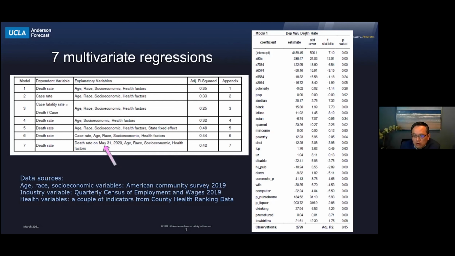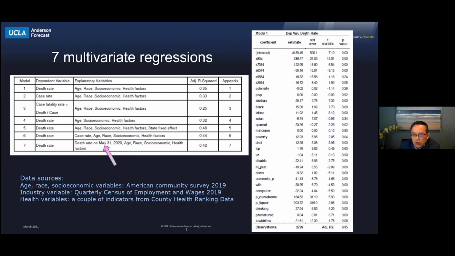So let's talk about our research methodology. We use so-called multivariate regressions to find the significant factors which are associated with COVID-19 mortality. We try 7 model settings. We analyze not only death rate, but also case rate and case fatality rate as the dependent variable, also called the Y variable. For explanatory variables, we include variables such as age, race, socioeconomic, industry, and health factors at the county level.